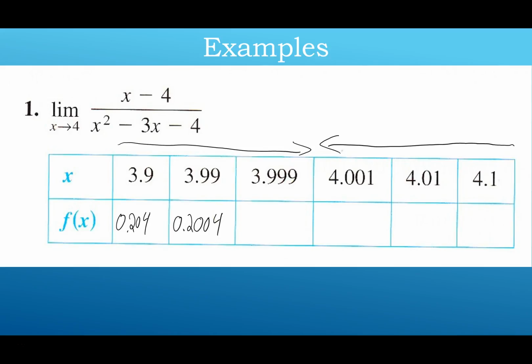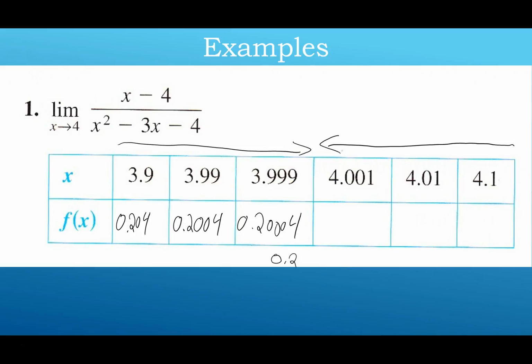Then 3.999, we get 0.20004. So as you can see from the left-hand side, we seem to be moving this 4 further and further to the right after the decimal point. Looks like the number we're approaching is about 0.2, because as we have more and more zeros, the rest of the digits become almost irrelevant.